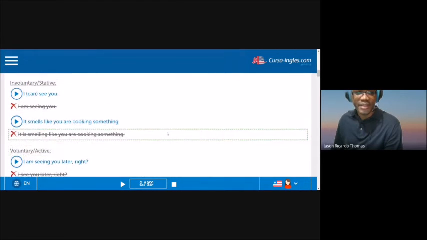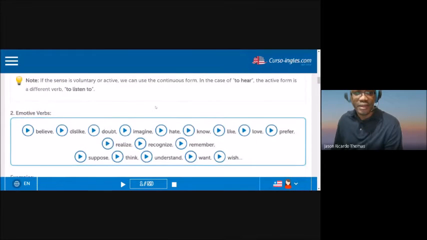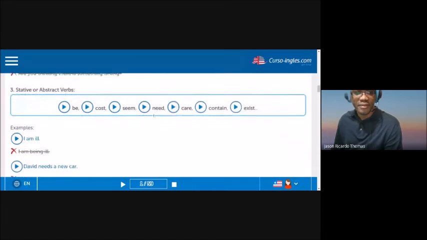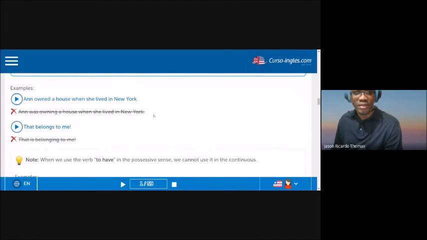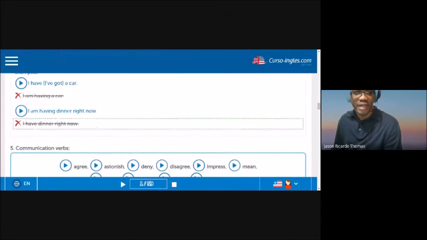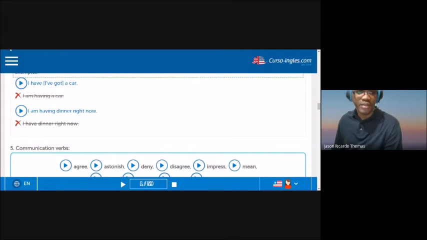Why? Because as I mentioned, they are stative, emotive, abstract, and these verbs do not change. All right, but this is for the future. We'll come back to it.